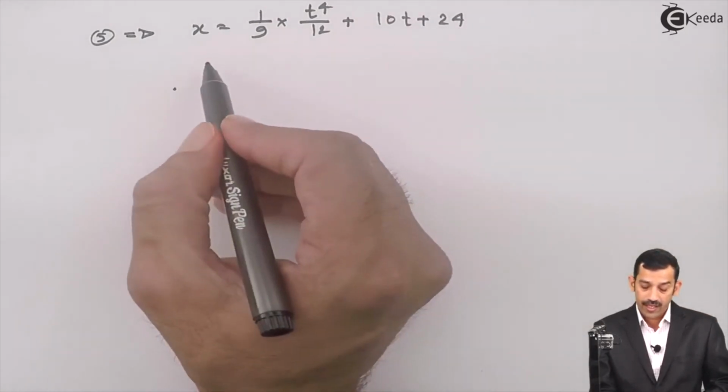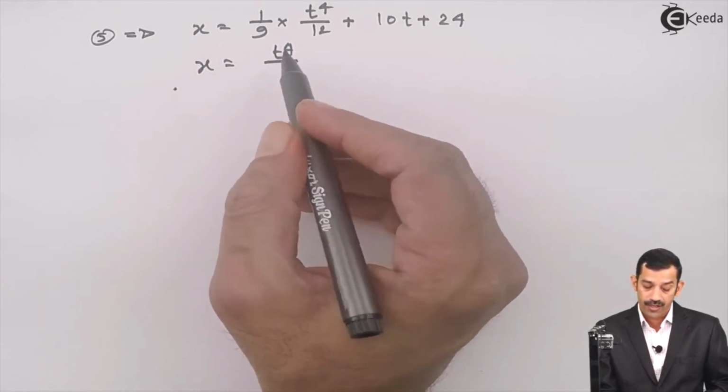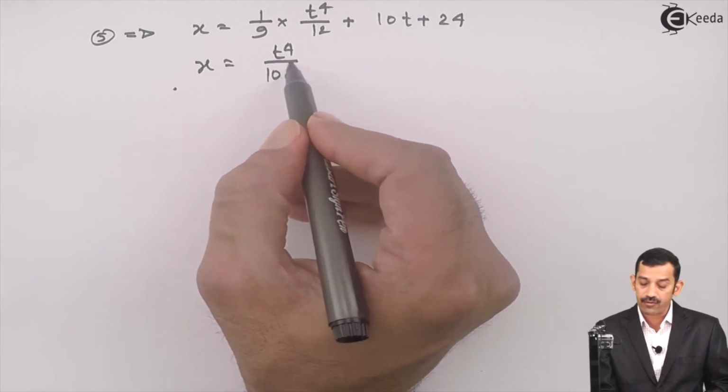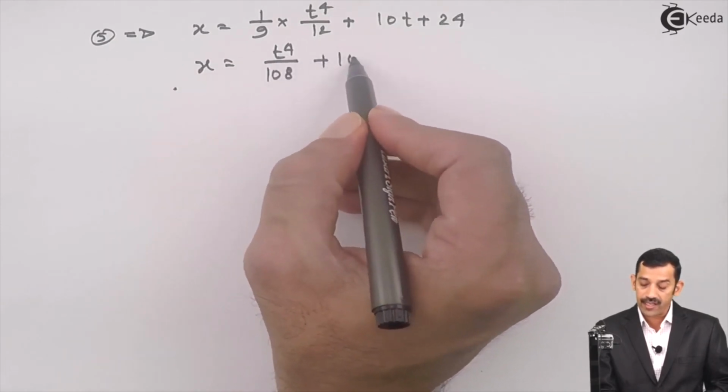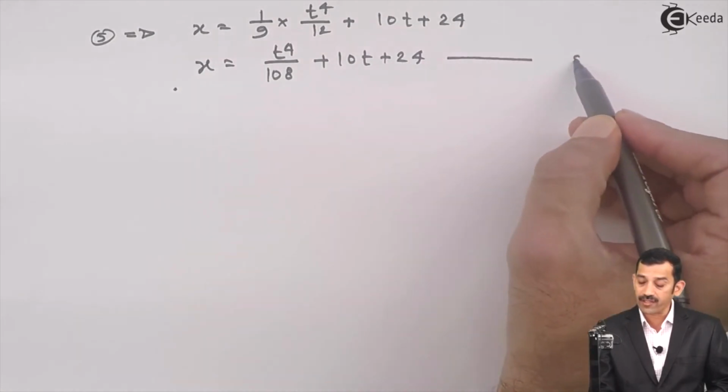So x comes out to be t raised to 4 upon 108, that is 12 into 9, plus 10t plus 24. This is equation number 8.